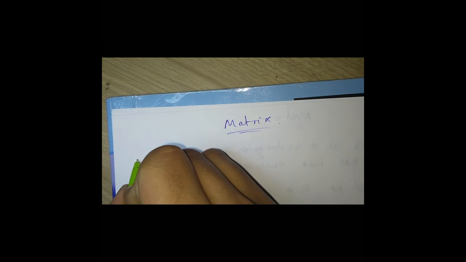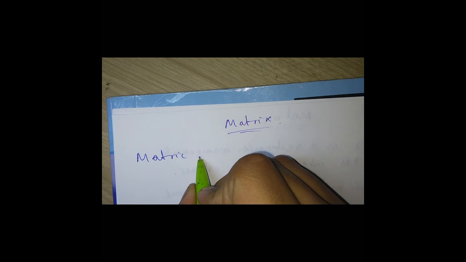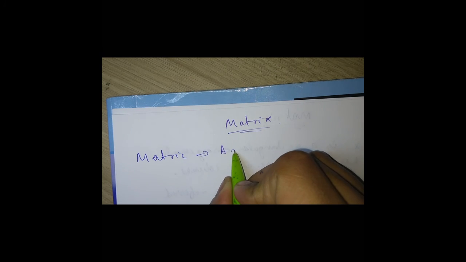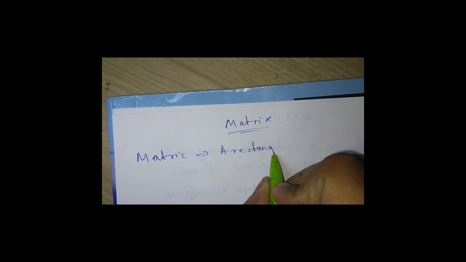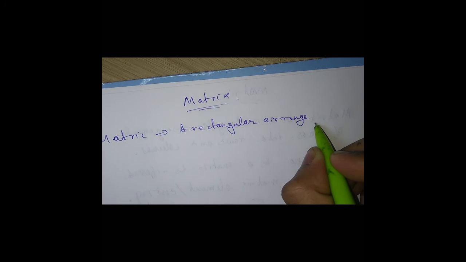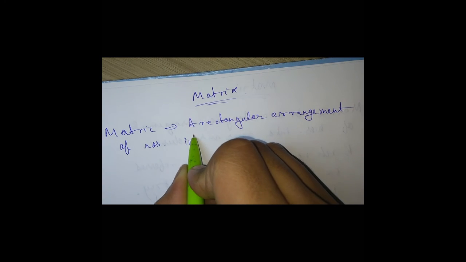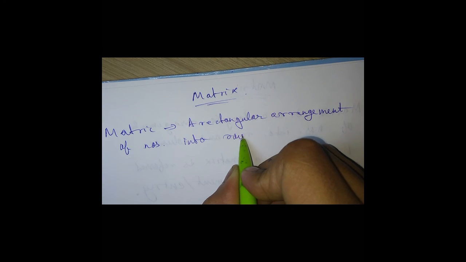So what is a matrix? A matrix is a rectangular arrangement of numbers into rows and columns.